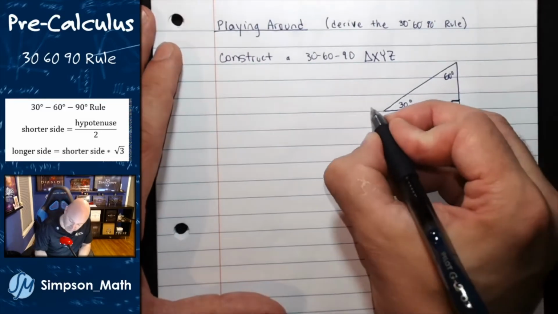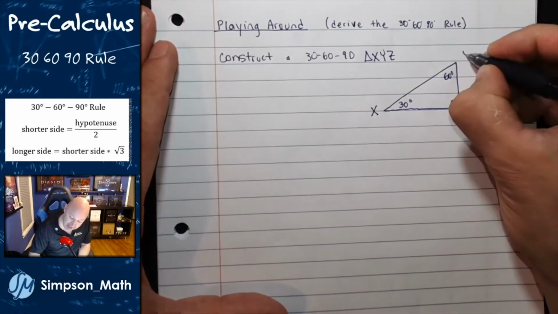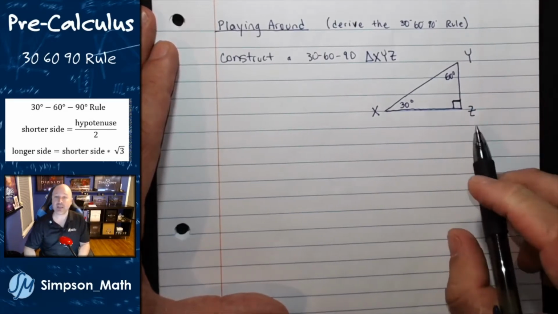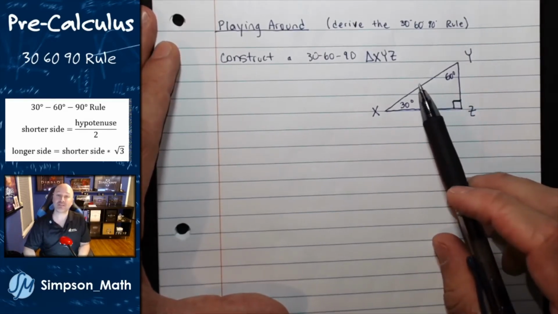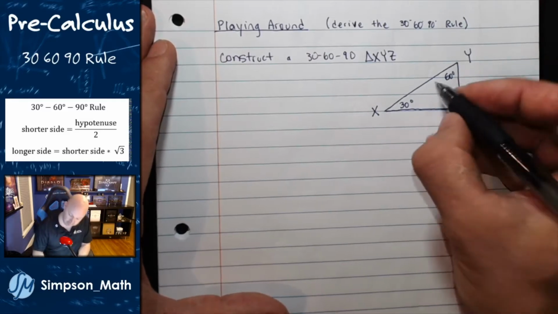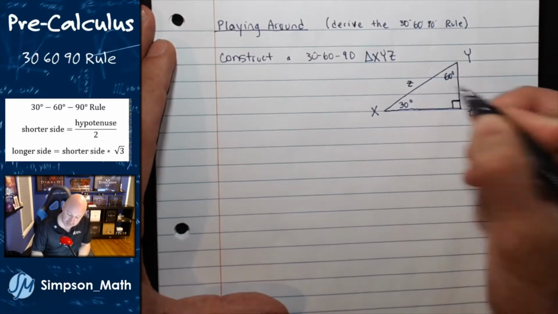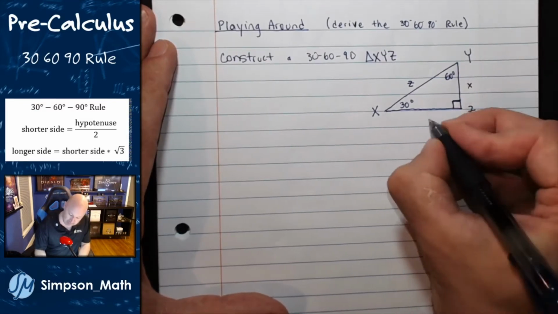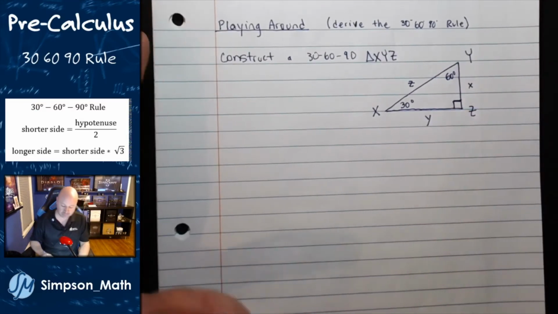I'll label this vertex X, the high vertex Y, and then the right vertex Z, and we label the corresponding side lengths with lowercase letters. So the hypotenuse in this example is little z, and I want little x to be the height, and I want little y to be the base.